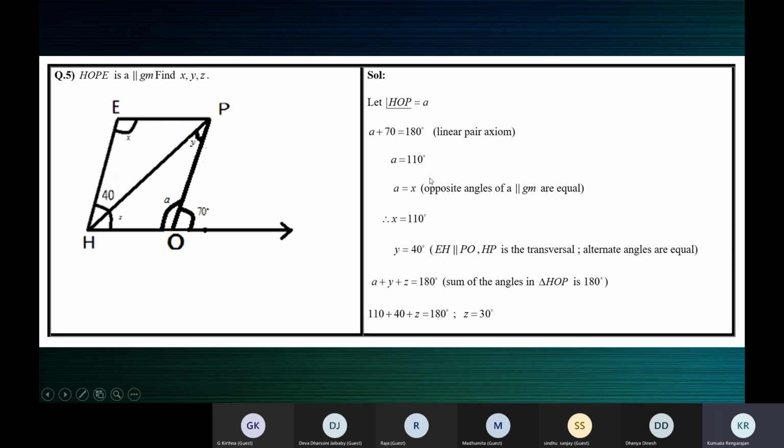So here, as you can see, we found A. With the help of A, we find x. And then y, alternate angles are equal. So y is 40. And then angle sum property of a triangle, we find z.